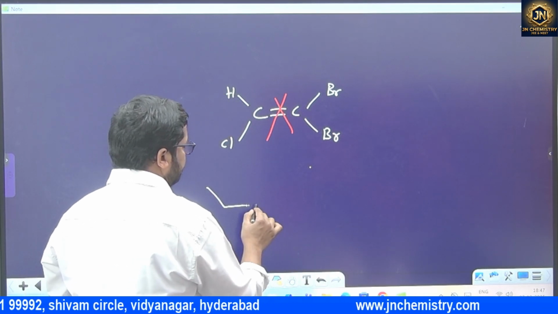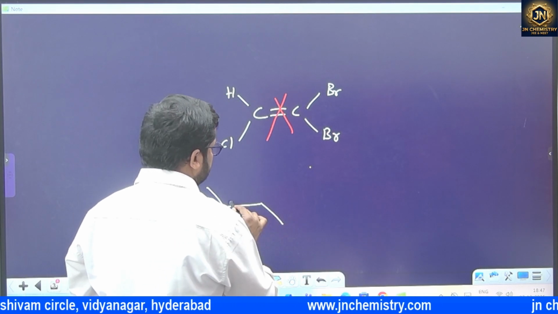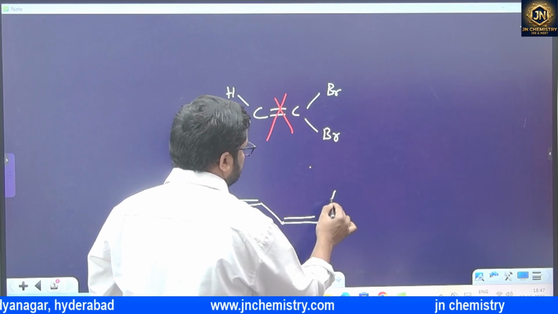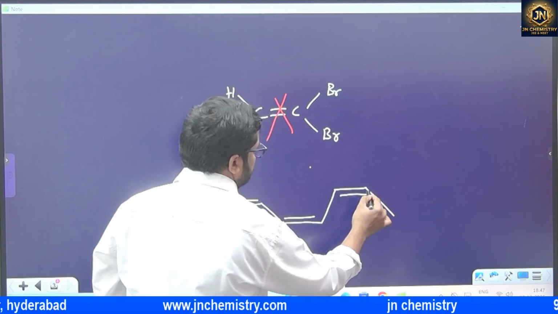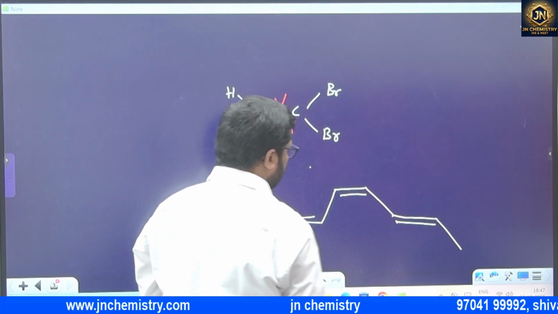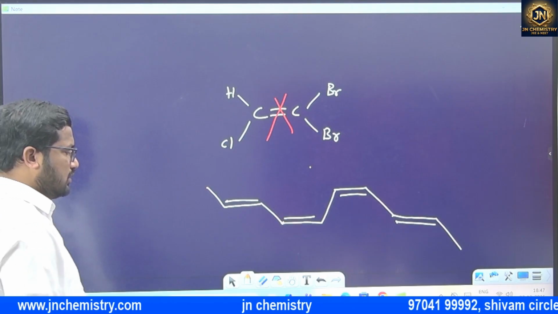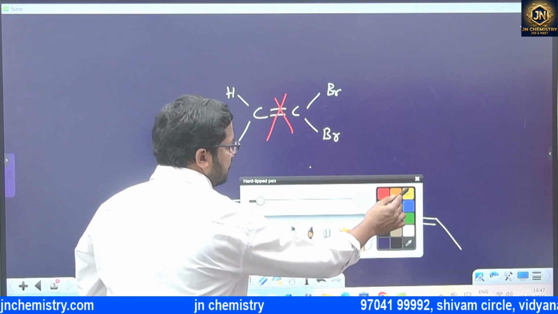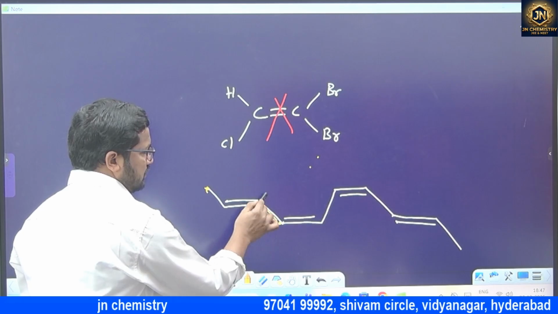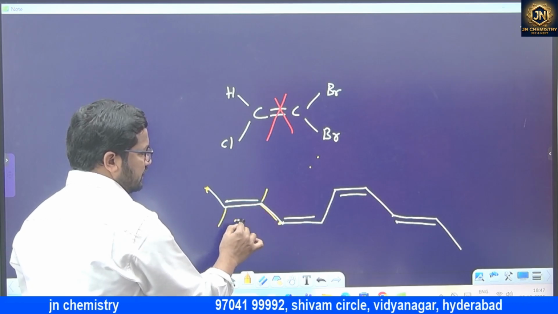For example, the alkene is like this. Now we can say, what about this? So particularly this one and this one, trans.